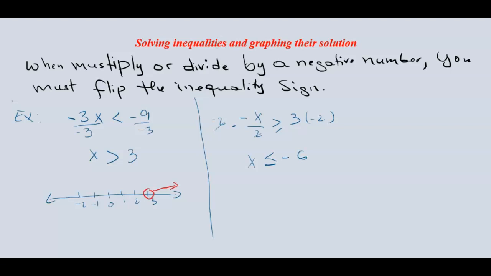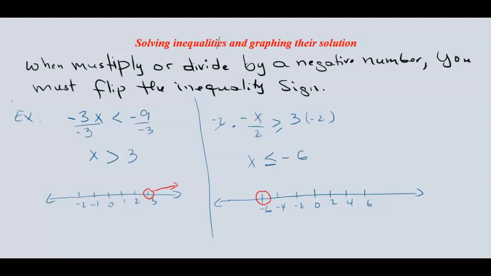-6. So now if we grab this number line, that is 0, 2, 4, 6, -2, -4, -6. We have to find the number -6 on the number line, which is right here.